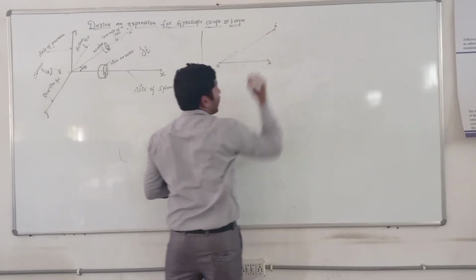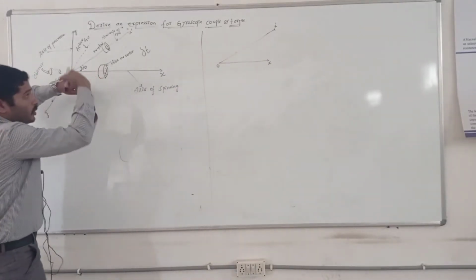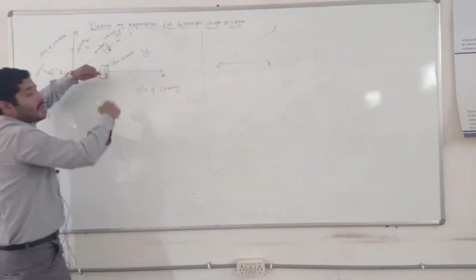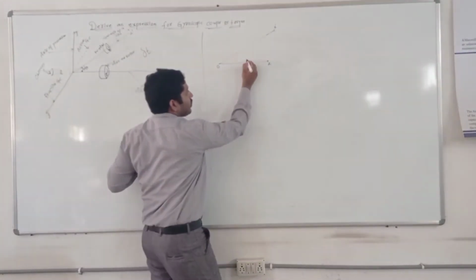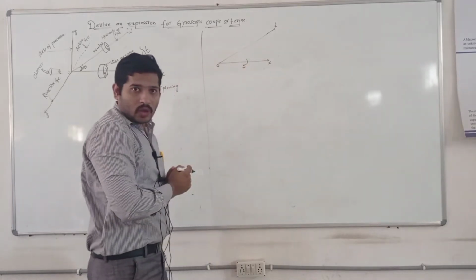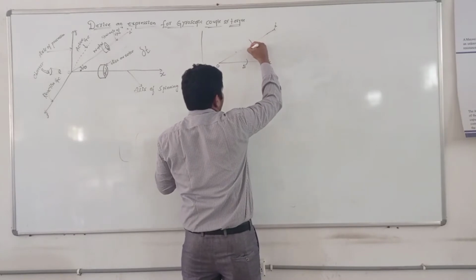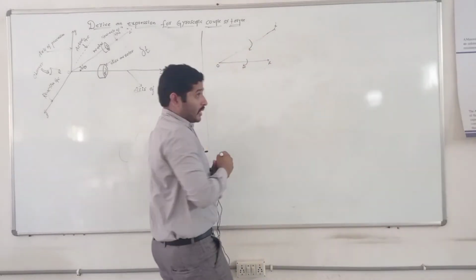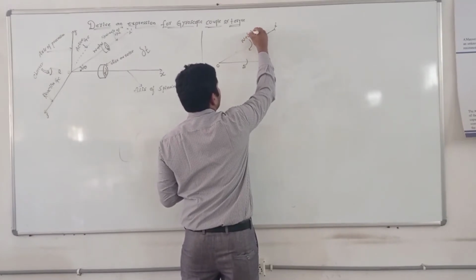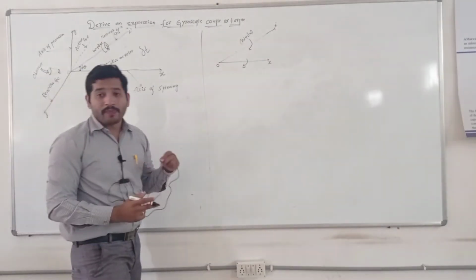The disc is rotating in clockwise direction, so we represent it as omega. The final angular velocity of this disc is omega plus delta omega. We can represent it on the axis OX.